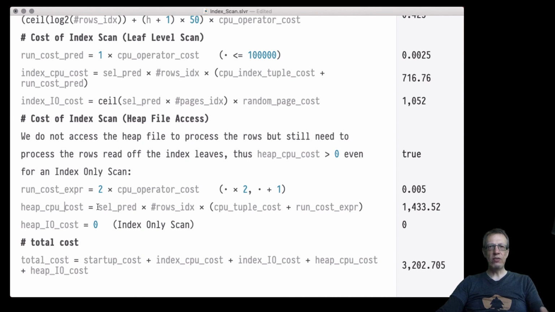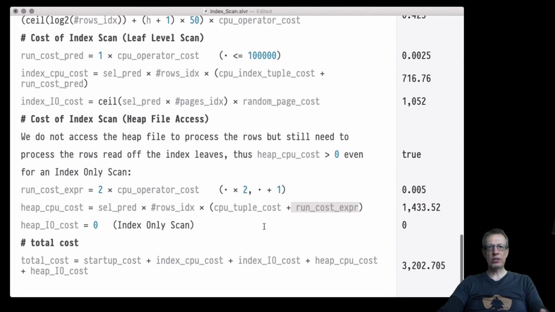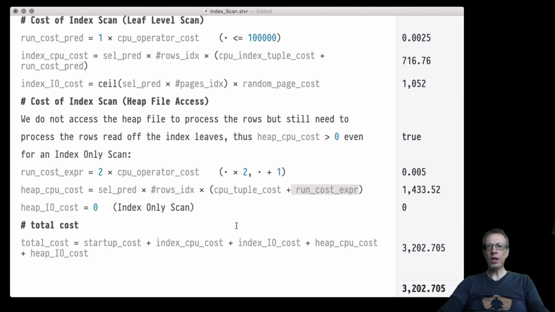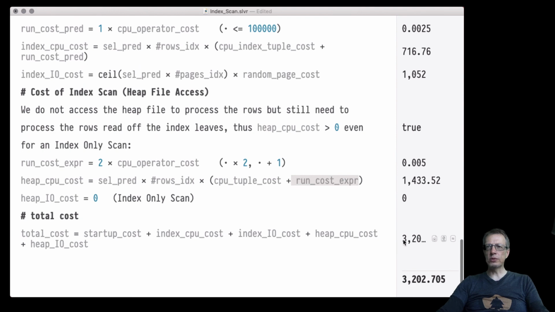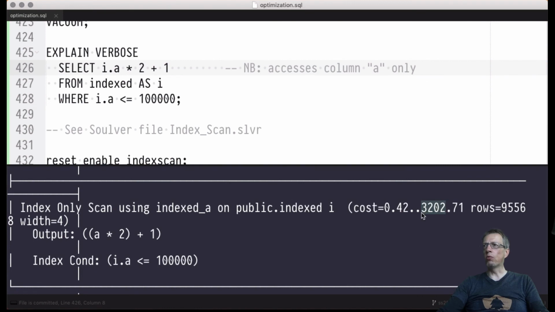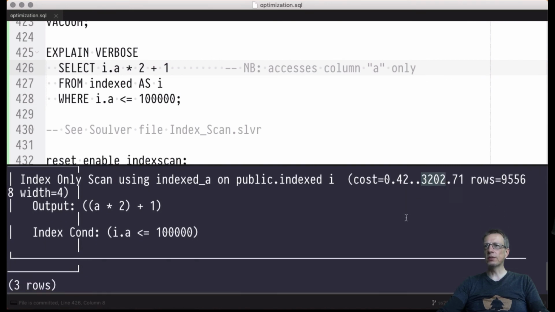We find these A values in the index leaf level scan, and we have to process these values and stick them into the output expression. Nobody saves us from computing the output expression, so these costs will still hit us. But the major cost factor of heap I/O cost will be 0. Okay, and that leads to an overall cost for an index only scan of 3,202 space dollars. This is indeed what we've seen here over on the PostgreSQL side of things.